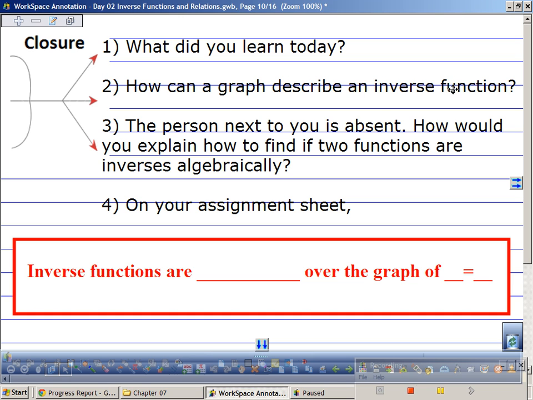How can a graph describe an inverse function? Okay, when they're inverses, right? What about it just simply being what, Tricia? A reflection, right? That's how a graph proves that it's an inverse. It's a reflection. The person next to you is absent. How would you explain how to find if two functions are inverses algebraically?